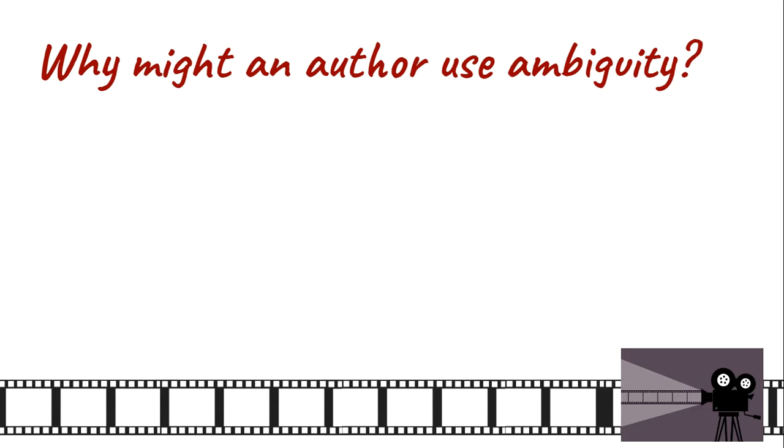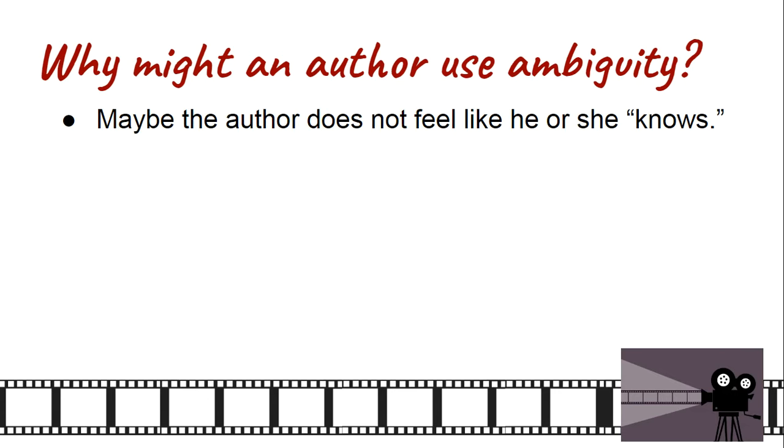So why might an author use this sort of strategic, undeclared tactic? An author might be ambiguous when he or she doesn't know how to authoritatively say one side or one viewpoint or the other.